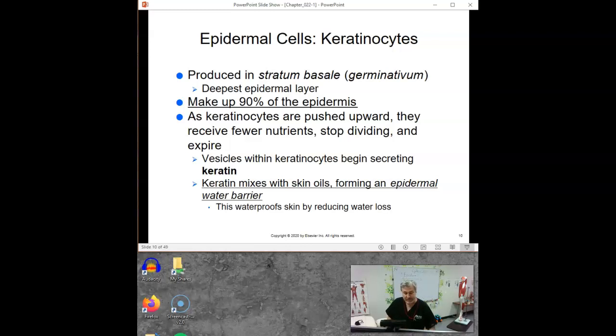In fact, there's a lot of interesting research to suggest that some of the best things you could do for your skin are not directly to your skin. What I mean by that is this. We think that when you put lotion on your skin and you go, oh my gosh, my skin's so soft afterwards, we're like, yes, it is. You just hydrated dead skin cells.